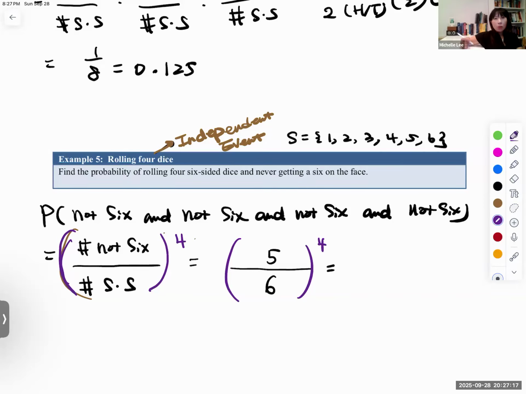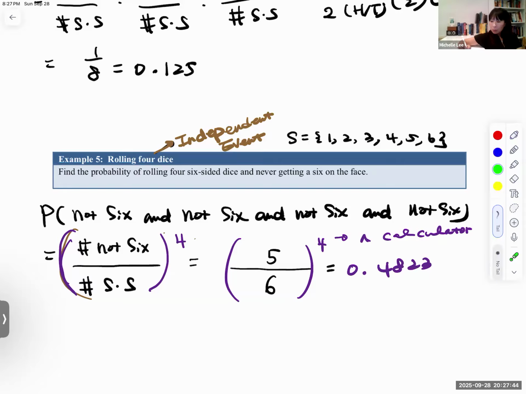So using a calculator, decimals, yeah? Power. Or you might use it in your head, like in your calculator. Okay, so we have 0.4823.